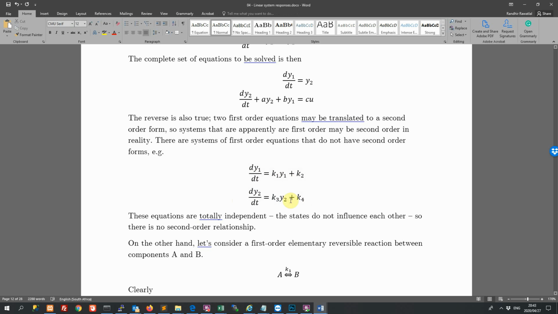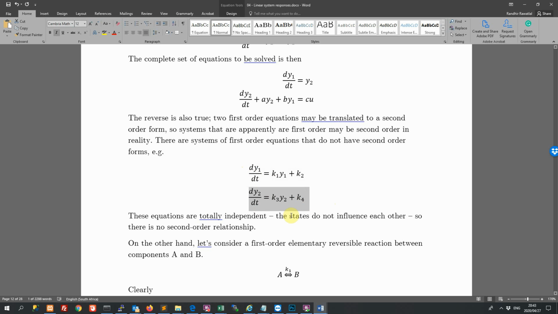If you needed a y1 in here, then you could solve this by itself, but then you would need to use that solution in here. But this one also doesn't use a y1. So these two equations are totally independent, and so it's not second order. These are two first order relationships.